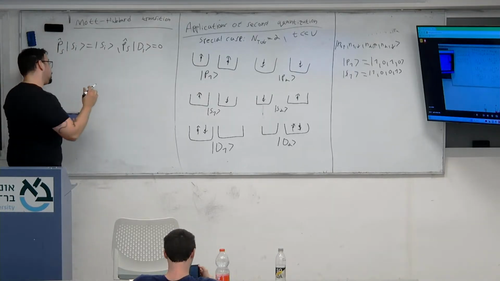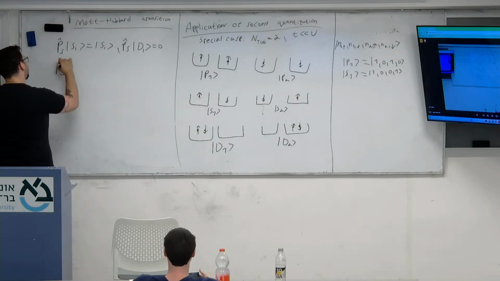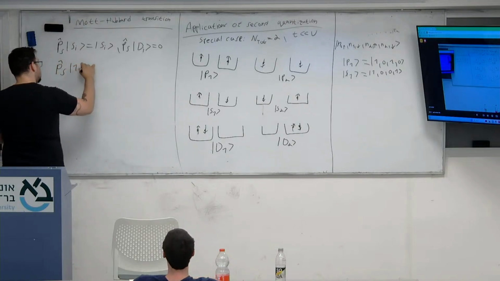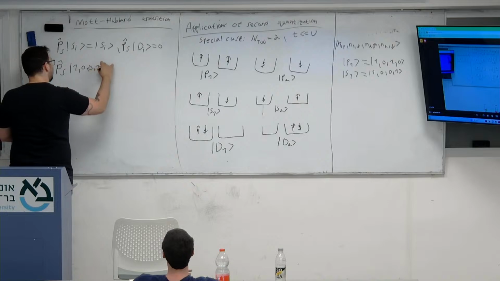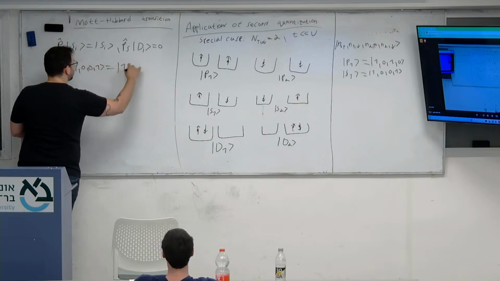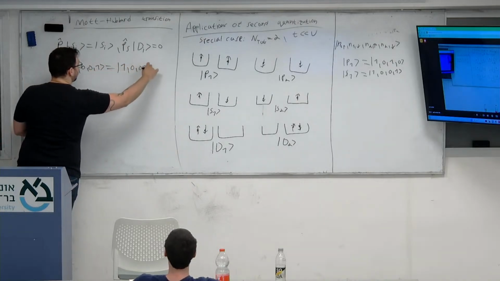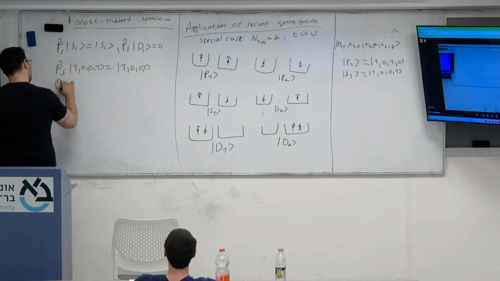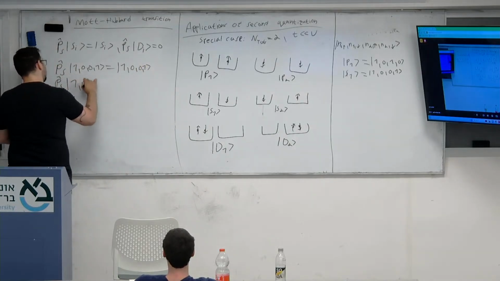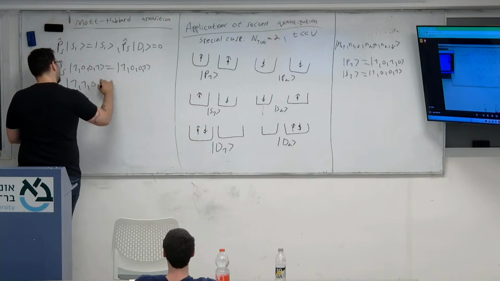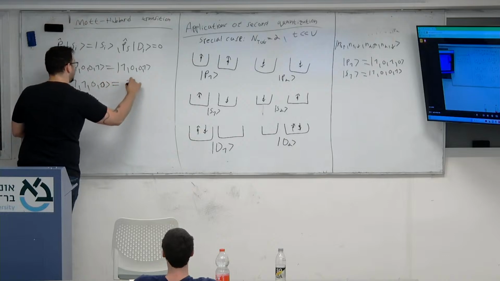For example, I want P_S of 1, 0, 0, 1 to return 1, 0, 0, 1, but P_S of 1, 1, 0, 0 should give me a 0.